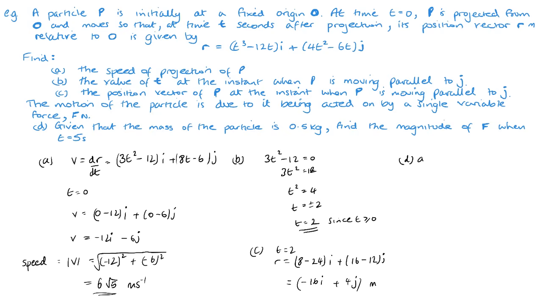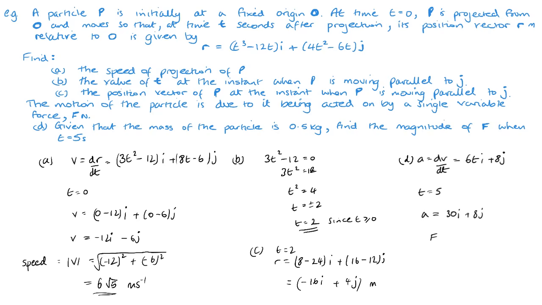The acceleration is differentiating the velocity. So that's going to become 6t i plus 8j. When t equals 5, the acceleration is going to be 30i plus 8j.